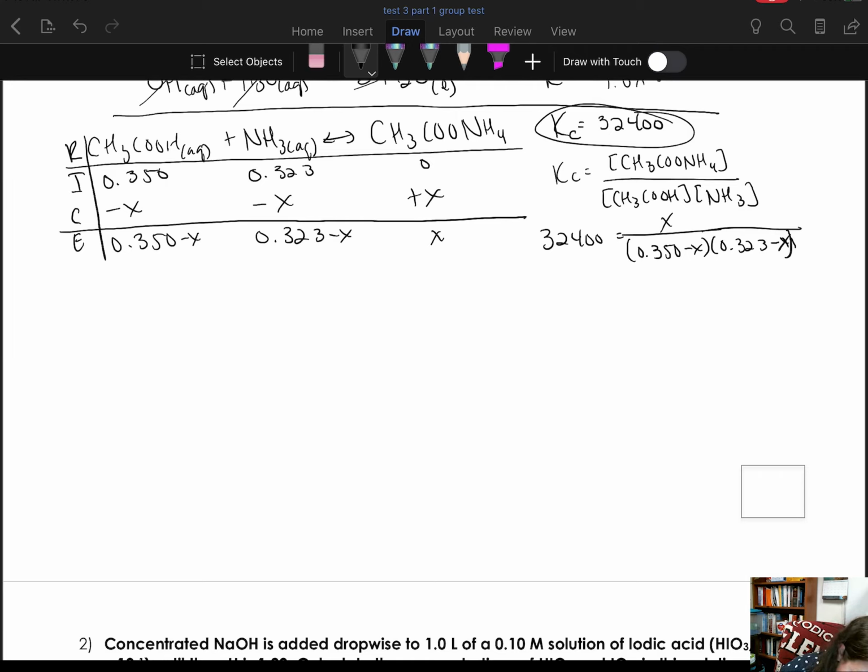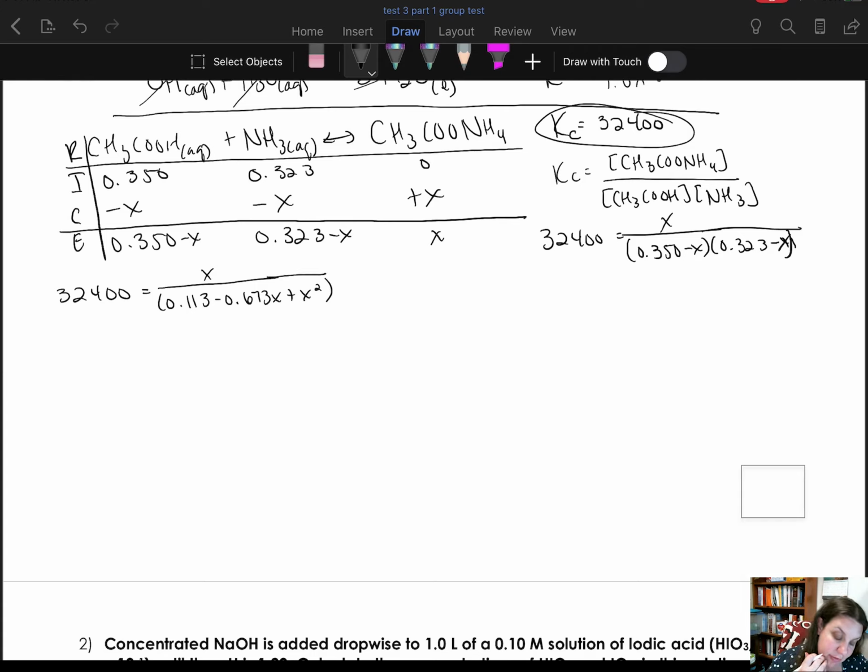So we get 32400 is equal to X divided by 0.113 minus 0.673X plus X squared.